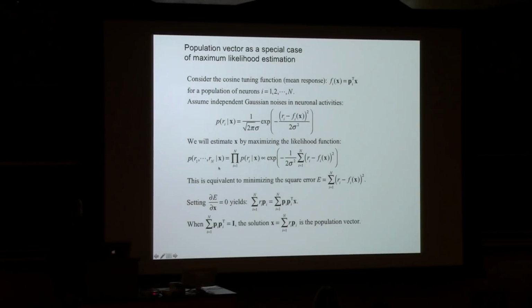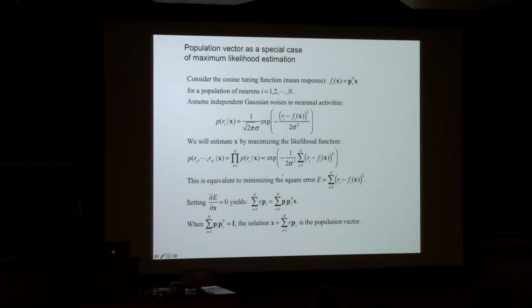So given this data, the response R, I want to figure out what the stimulus x is, right? So for maximum likelihood, of course, I maximize this probability to make my data most likely. Where's the peak of this probability distribution? Because of the negative sign in the exponential function, it's equivalent to finding x that minimizes the square error.